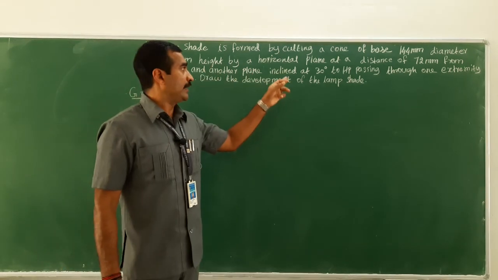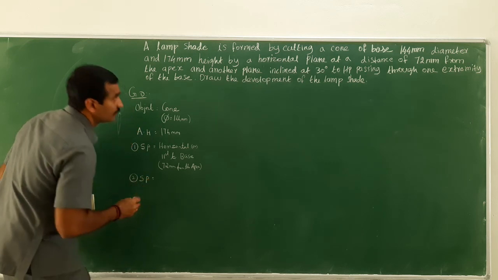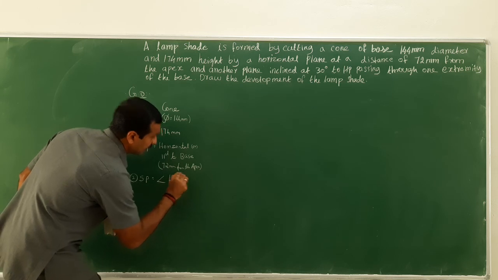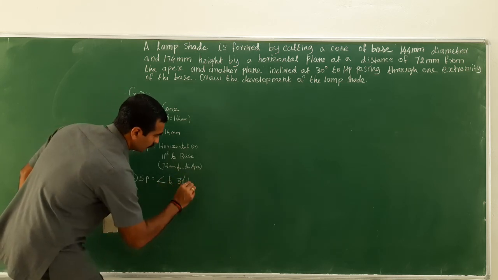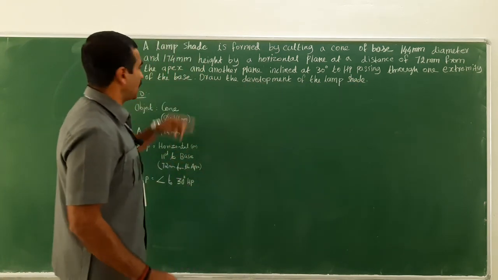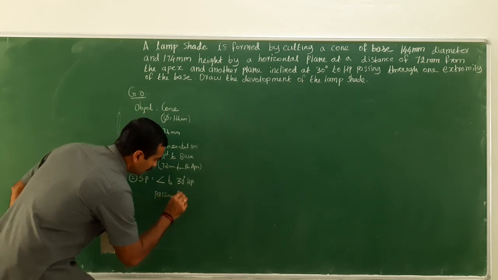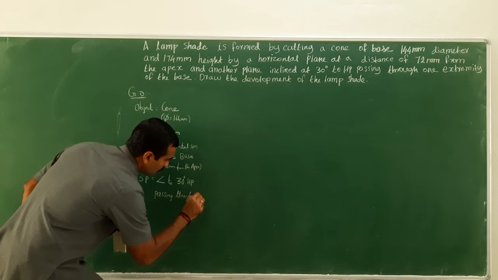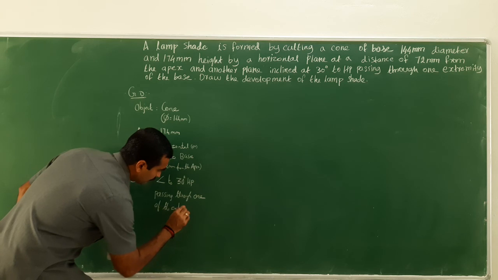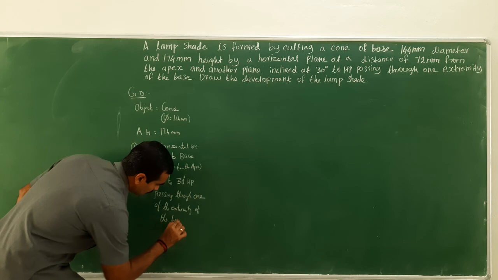And the other cutting plane, that is cutting plane number 2 or section plane, is inclined at 30 degree to HP and passing through one of the extremity of the base.